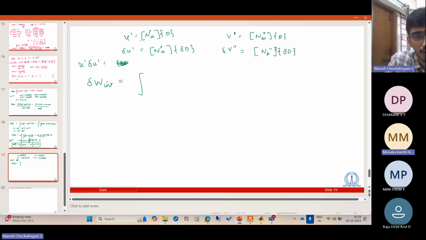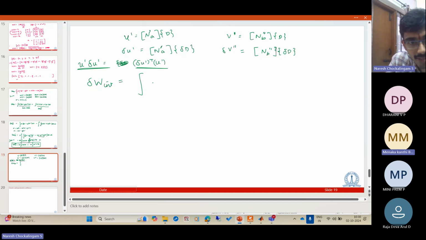So let me write this as del u dash transpose u dash. Del u dash transpose is nothing but del u dash itself because it is a scalar, but that will ensure the resultant is a scalar. A vector transposed times another vector of equal length gives a scalar. Otherwise, if you put it in some other order, these are matrices and their multiplication will not make any sense.